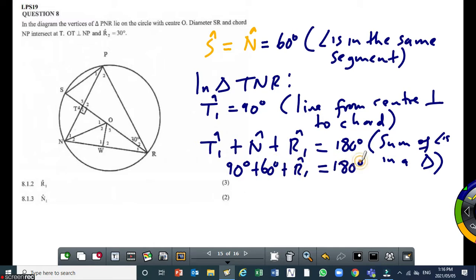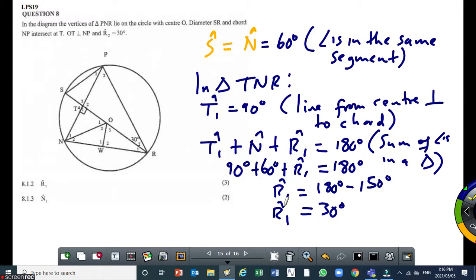That will give me 180. So R1 is equal to 180 minus 150. So you get 30 degrees. Okay? I want you to be aware that it won't be that easy to get all 3 marks without providing as much information as possible in terms of statements and reasons.